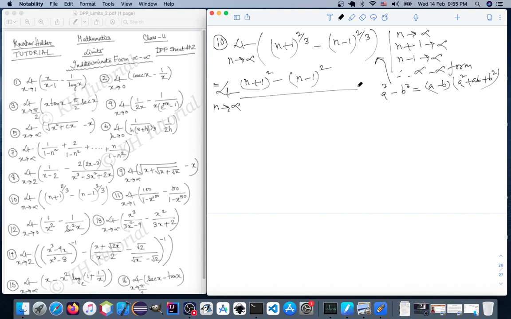In the denominator we get a square plus ab plus b square, which is (n plus 1) to the power 4 by 3, plus (n plus 1) to the power 2 by 3 times (n minus 1) to the power 2 by 3, plus (n minus 1) to the power 4 by 3.